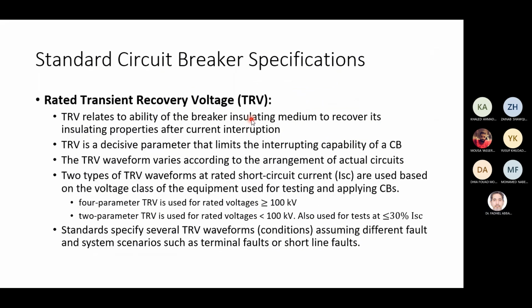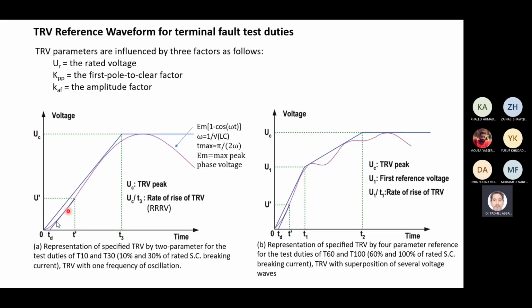Rated transient recovery voltage relates to the ability of the insulating medium to recover its insulation properties after current interruption. To test this, the standard also specifies two standard waveforms.